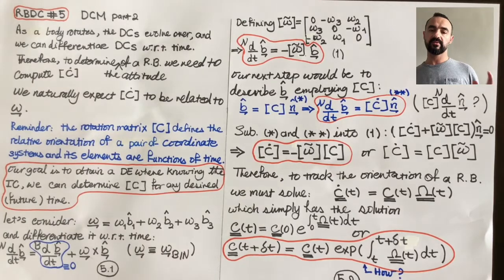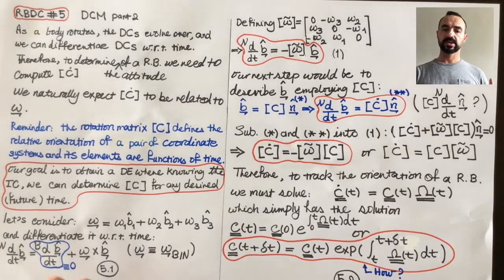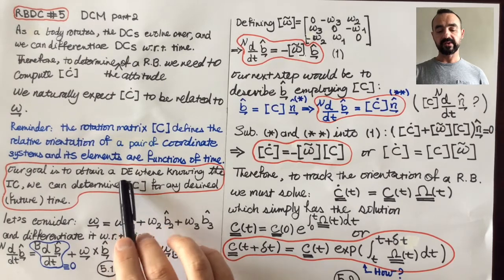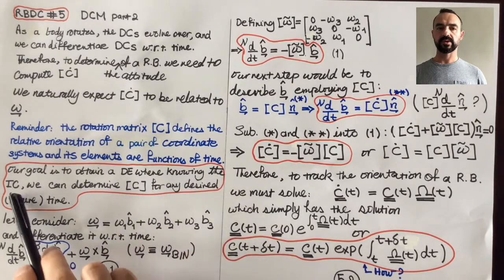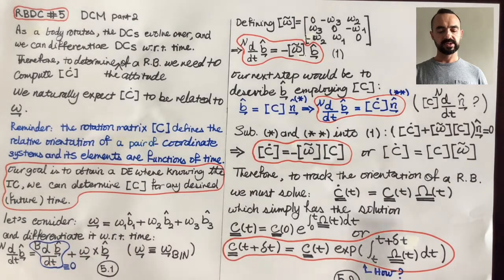Makes sense? So we have the initial condition, we have how this direction cosine matrix changes with time, and therefore at any time we can compute the direction cosine matrix. So this is our goal. So if I have a differential equation, where knowing the initial condition, we can determine C for any desired future time.